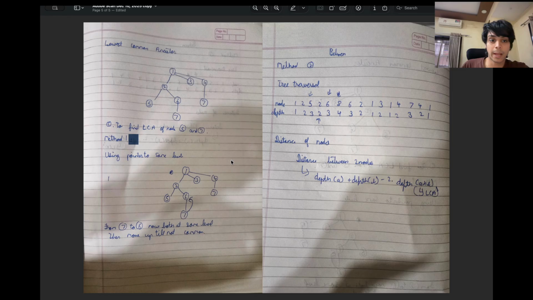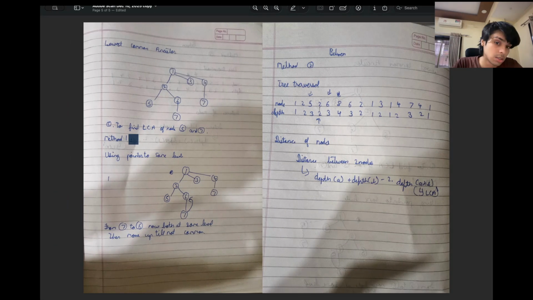The earliest possible time that we can see that node, we'll check it. Here I've marked 5, and then we'll look for node number 8. From 8 we'll check till 6, and between them we can see the node with the smallest depth value, which is common. We can see at number 2 the smallest depth value is 2, and that will be our solution.